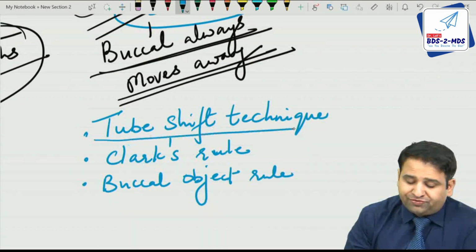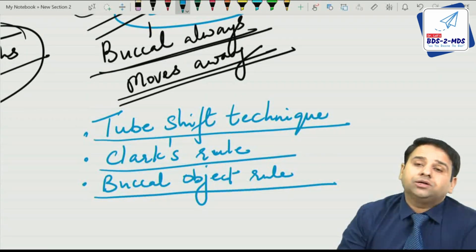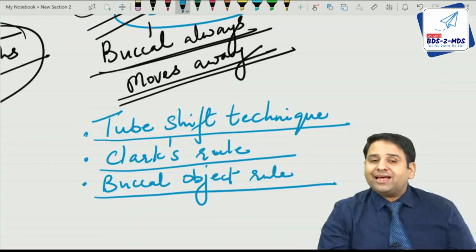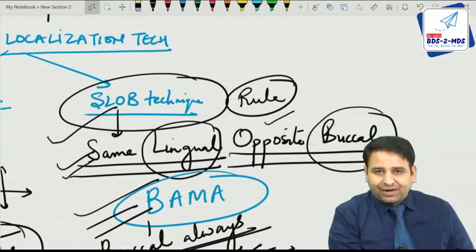Tube shift technique, Clark's rule and buccal object rule are the various names of this BAMA or SLOB technique, right?